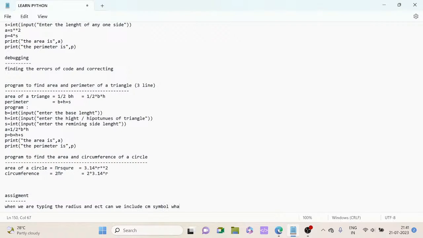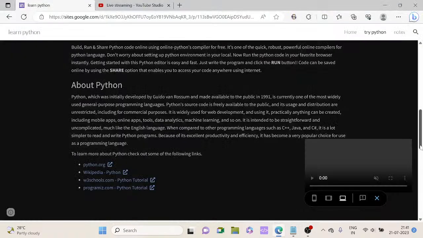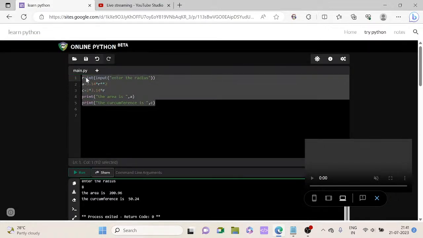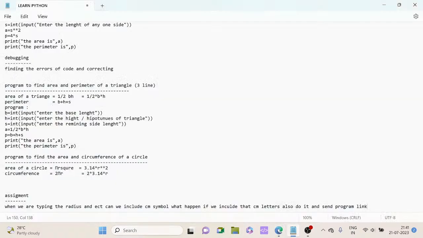What happens if we include the centimeter letters also? So do it and send the program link. At the place of 8 that I have done now, you need to just type 8 centimeter and try it like that. If it shows an error you can send it, if it shows the correct result you can send it to our mail. So that's today's assignment.